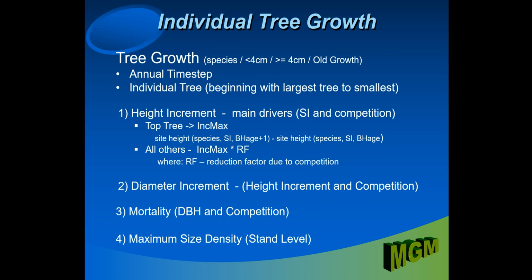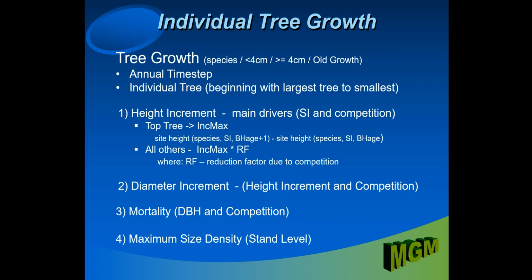Okay, so if we look at individual tree growth, the goal here is not to get into the weeds of the model as far as function goes, but rather to focus on how the model actually iterates through a tree list to make a projection.